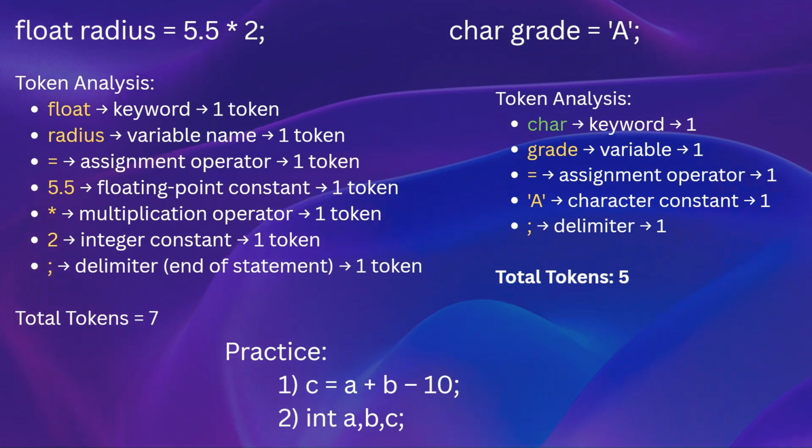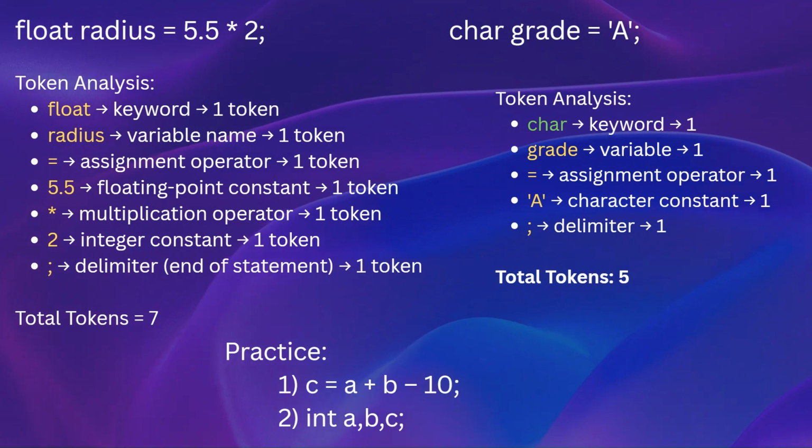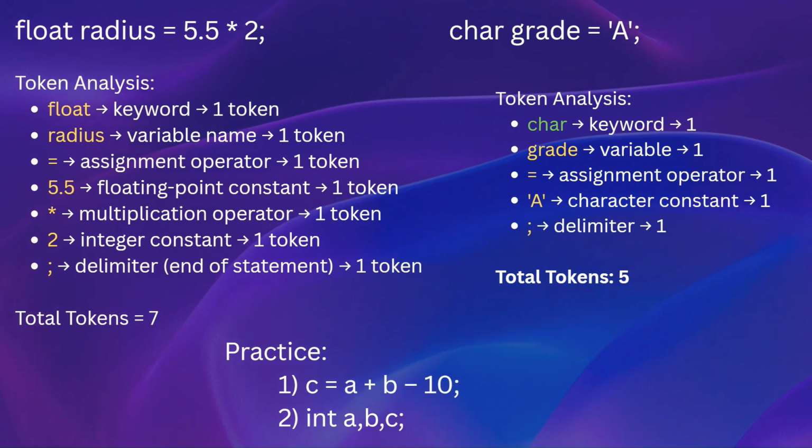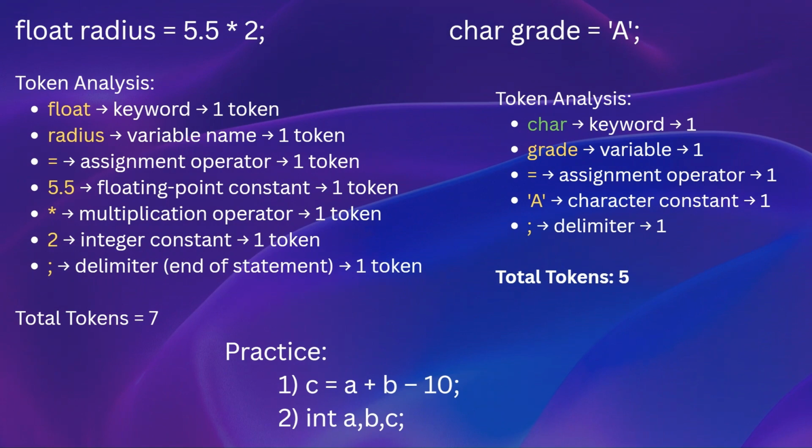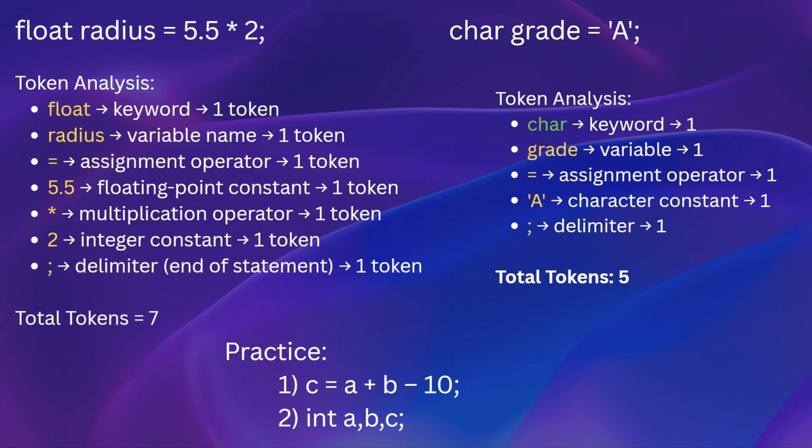char grade = 'a'; in single inverted commas. We can follow the same procedure here. First is char, it is a keyword. Then grade, it is a variable. Equal sign is an assignment operator. 'a' in single inverted commas is a character constant, which we saw in our previous videos.